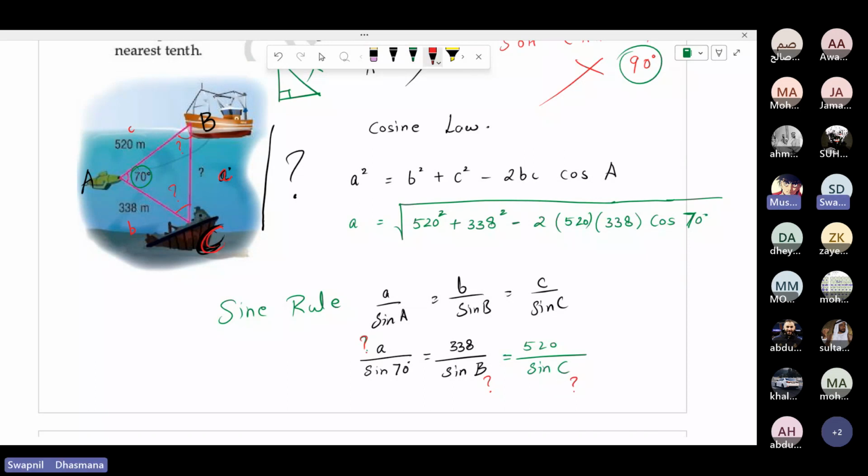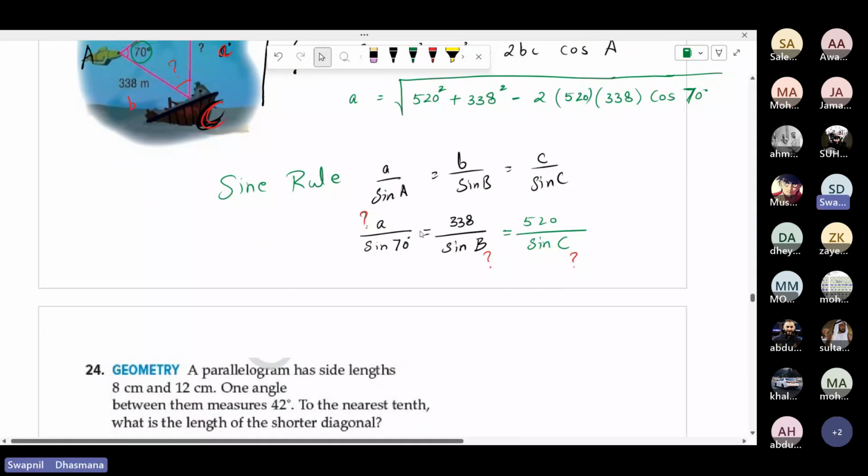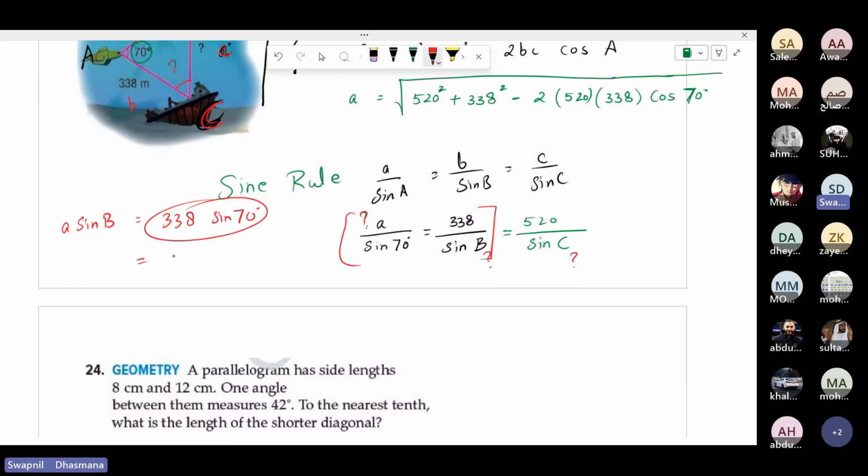Sir, if I do cross multiplication, won't it work? No, it will not work. Because see, for example, I take these two, because they are kind of the same. So it will be a sine B equals 338 sine 70. Now this gives you, for example, 20.